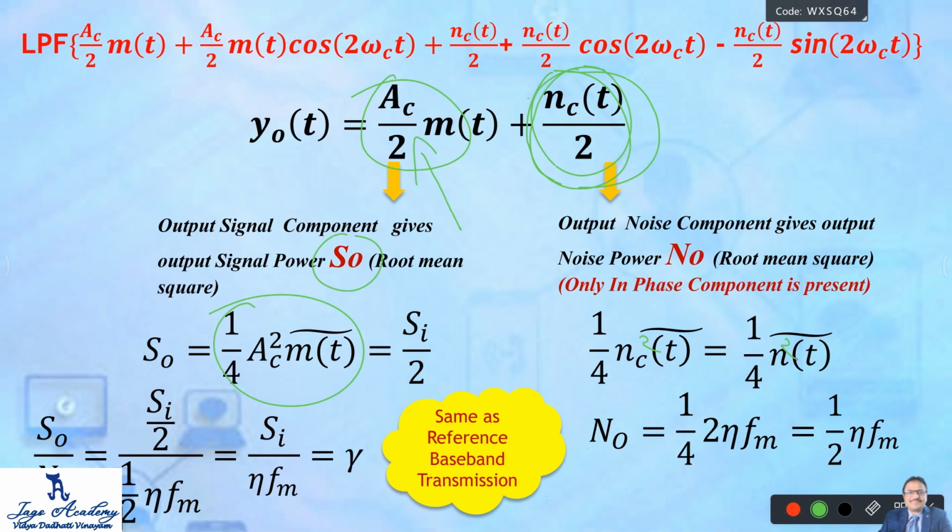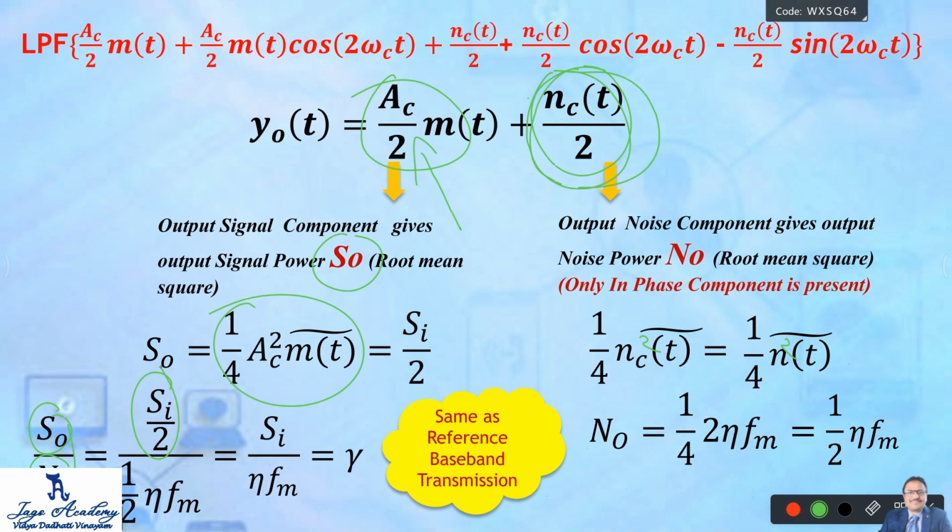What is the next very important parameter to calculate? Signal to noise ratio. Substitute that. I'm substituting in terms of Si. Why am I substituting in terms of Si? I want to compare it with the baseband.